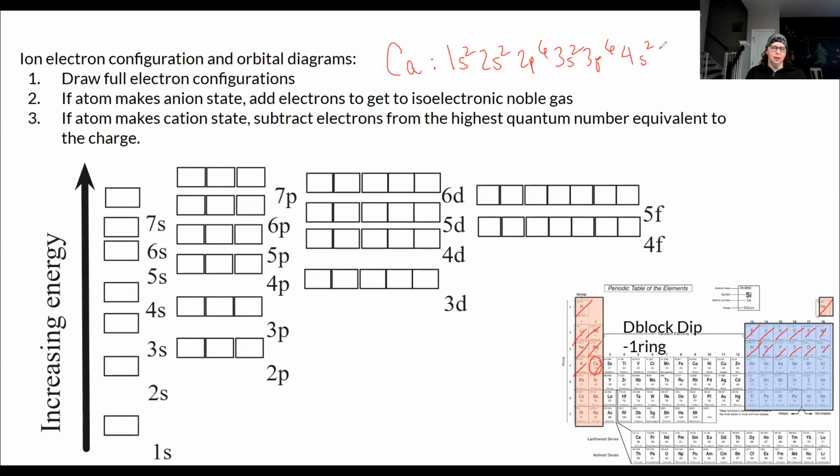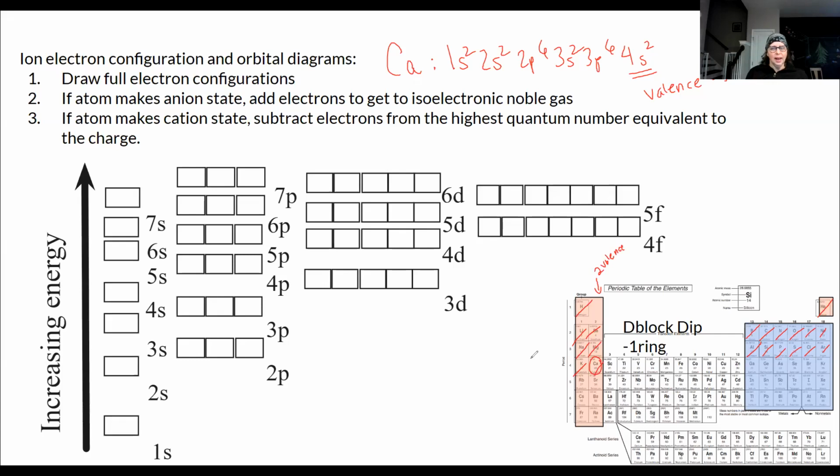Always include that one. So calcium here, for the valence layer, has a quantum number of 4, or ring 4, and he only has 2 electrons in that ring. Group 2, 2 valence electrons.